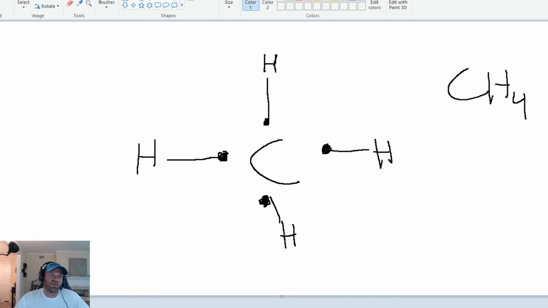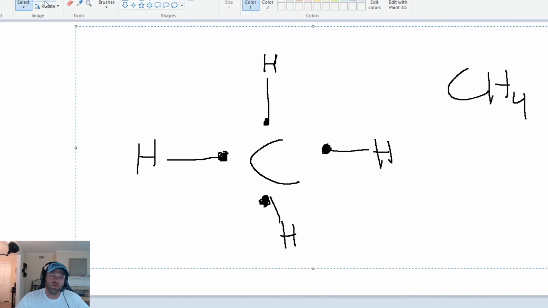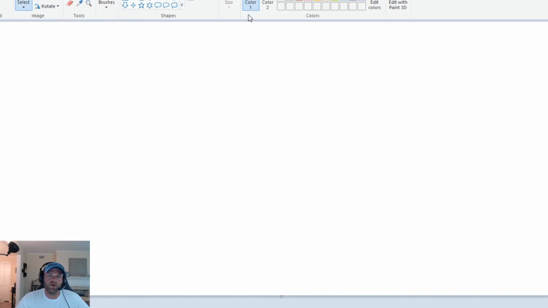Okay, let's look at oxygen for example. Oxygen and water. So oxygen has 6 valence electrons. It's in group 6. I'm going to put those on here. 1, 2, 3, 4, 5, 6. Alright.